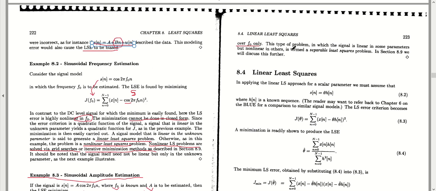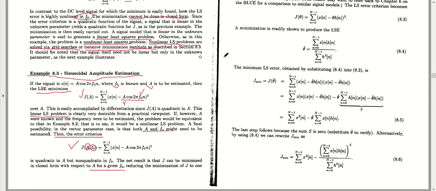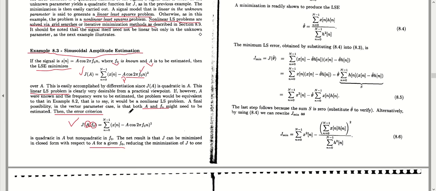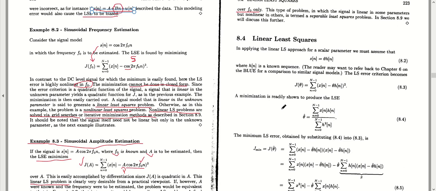But if you want to search for the optimal solution, you actually have to jointly search for f0 and A. But in this case, you could solve for A first, and then use that A to solve for f0.